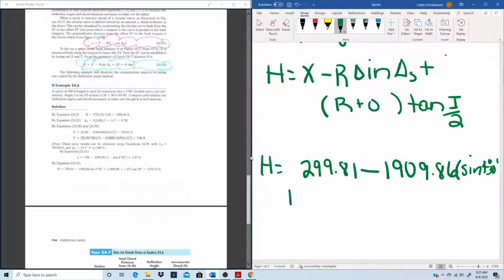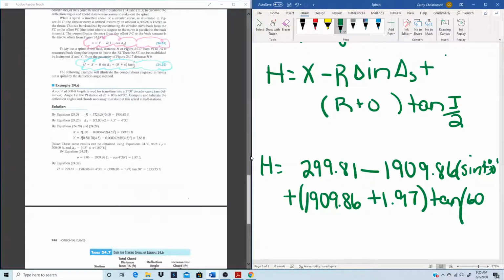Then we're going to say plus R plus throw, so that would be your radius, 1909.86, plus 1.97, which is throw, and then we're going to do tangent, and this is I. So in the problem, I was 60 degrees, so they just cut it down to, and I'm going to go ahead and leave it in, 60 divided by 2.